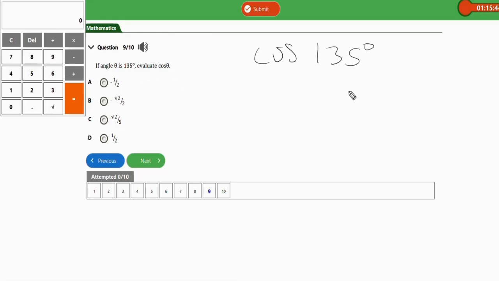So this trigonometry expression is one of the common ones you should also get used to. When you punch this on the scientific calculator, this will give you minus root 2 over 2. So the correct answer to the question is Option B. So it's as simple as this.